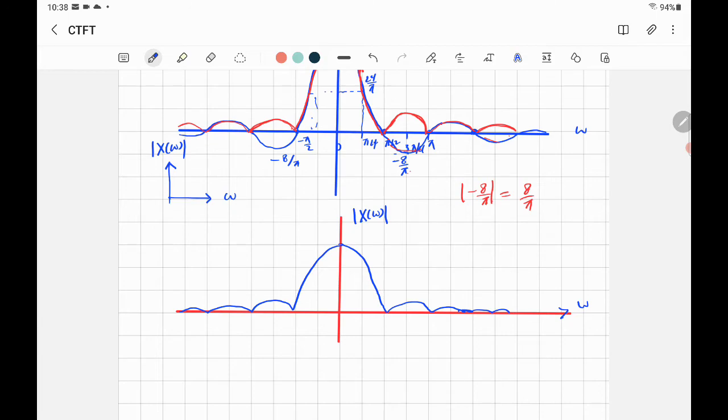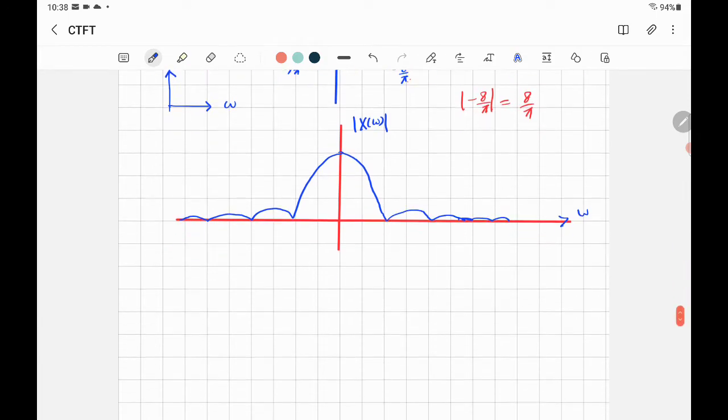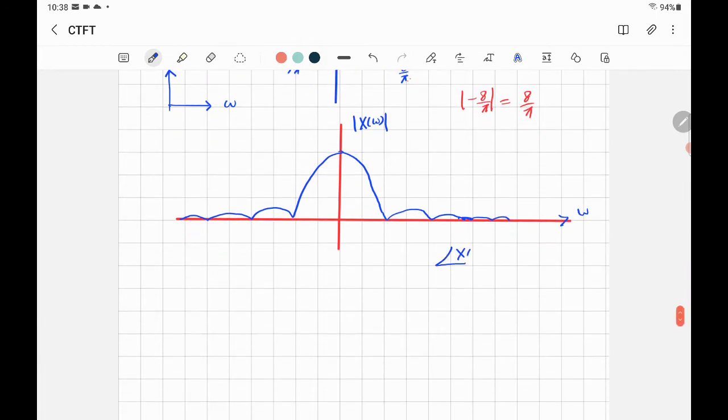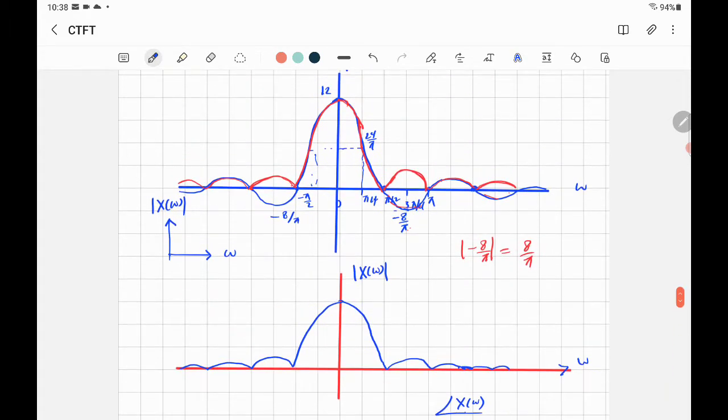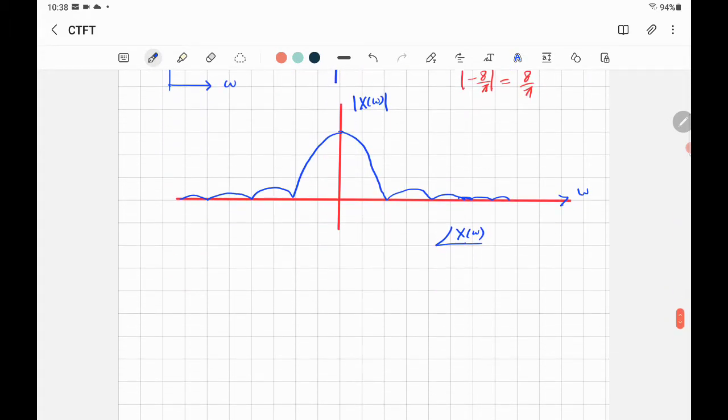Well, what about the angle? It's simple here because you don't have an imaginary part, but in X of omega, you either have positive or negative. In this case, when you have a positive value, it means the angle is equal to 0. Let me write it. The angle of X of omega.